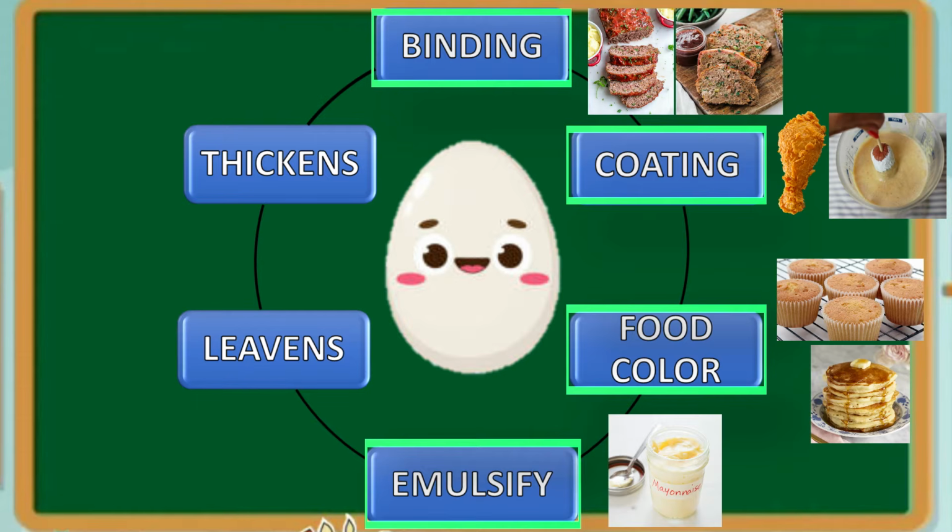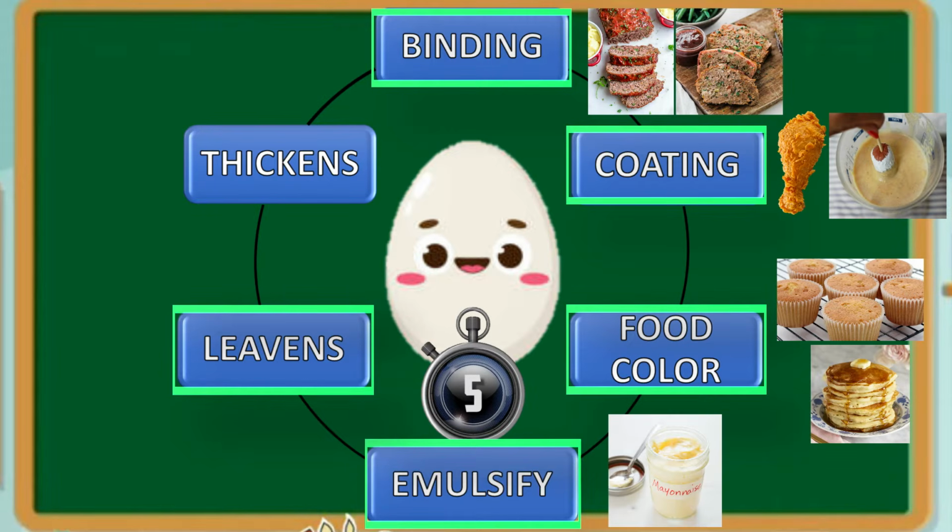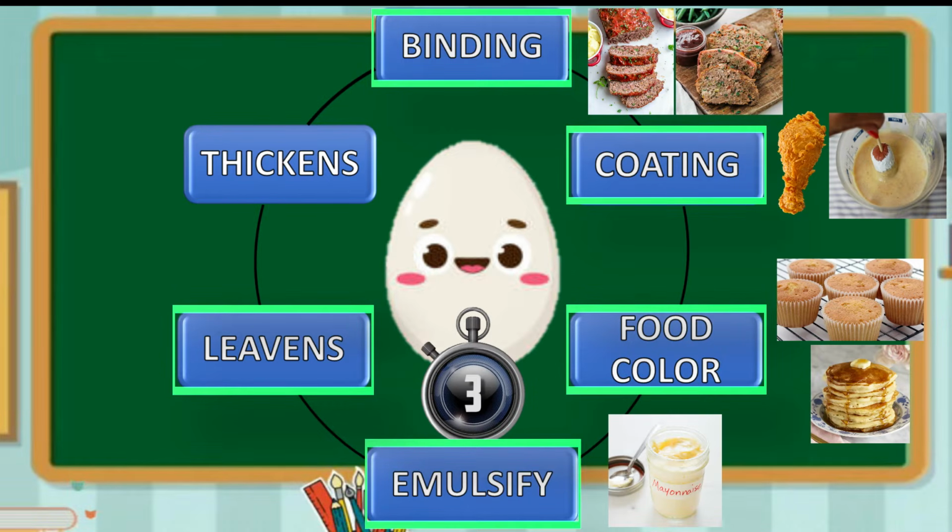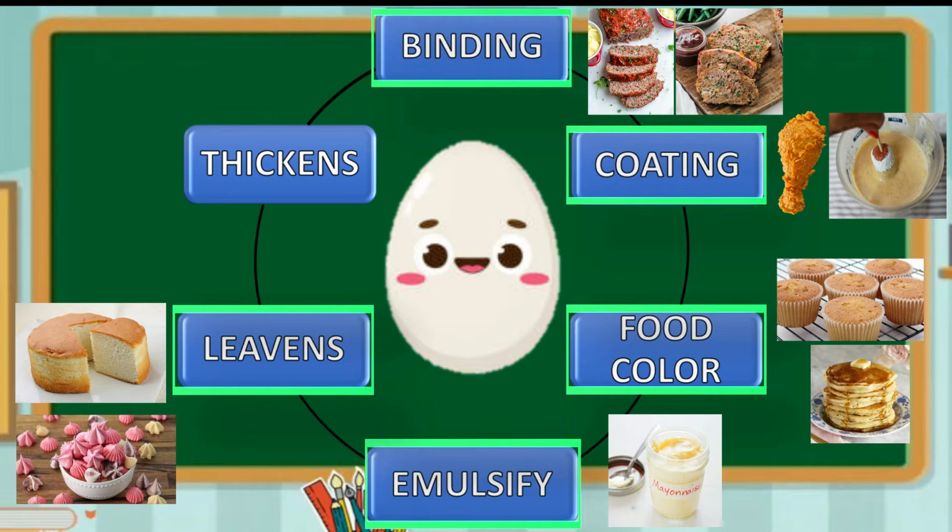The answer is mayonnaise. What food uses egg as a leavening agent? Possible answers are sponge cake and meringue.